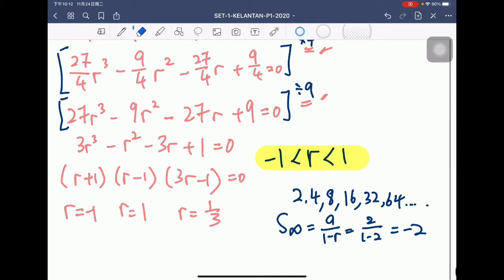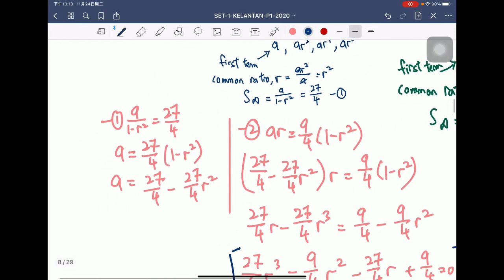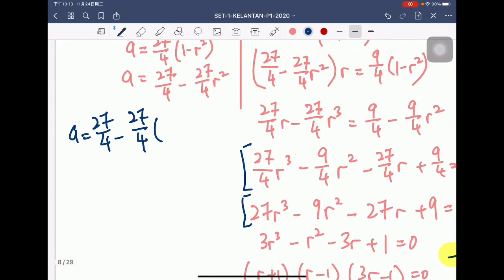So here, our answer will be r equals 1 over 3. How about a? We go back to our a. The a here equals 27 over 4 minus 27 over 4 r squared. What is r? 1 over 3, squared. So what answer do you get?